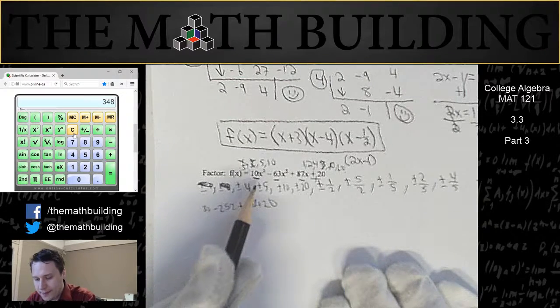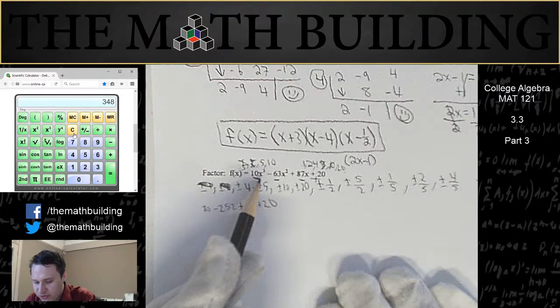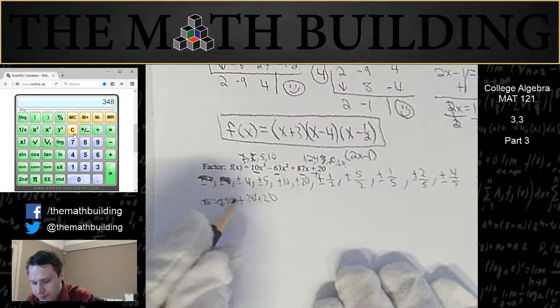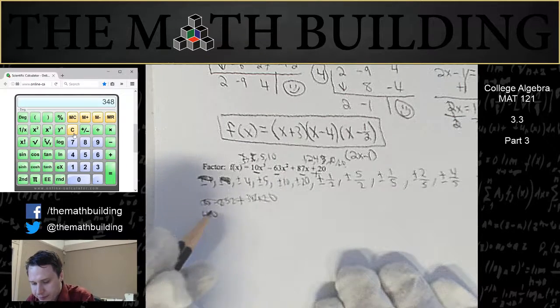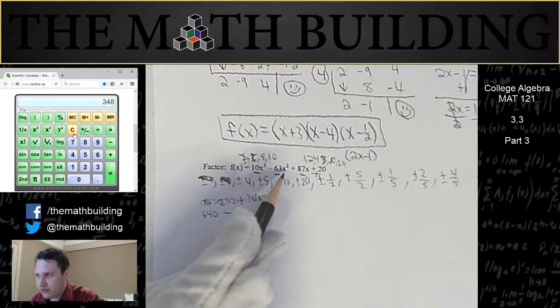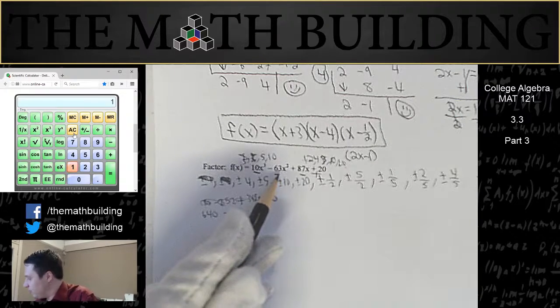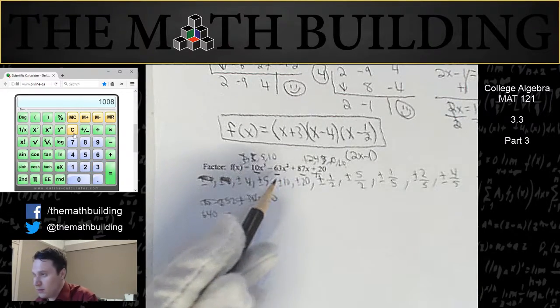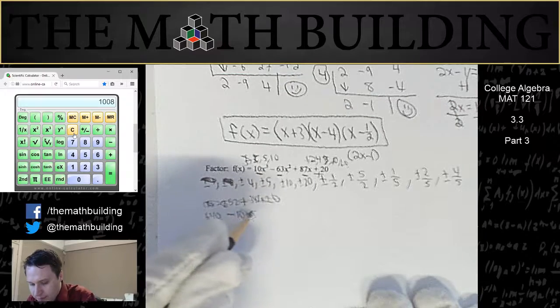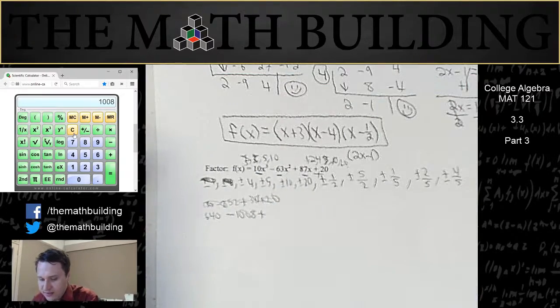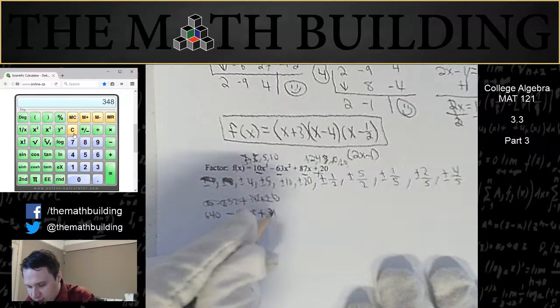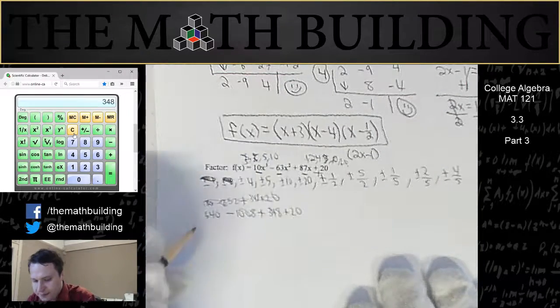Let's try 4. 4 times 4 times 4 is 64, so that's going to be 640. Minus 4 times 4 is 16, so 16 times 63 is 1008. Plus 87 times 4 is 348 plus 20.